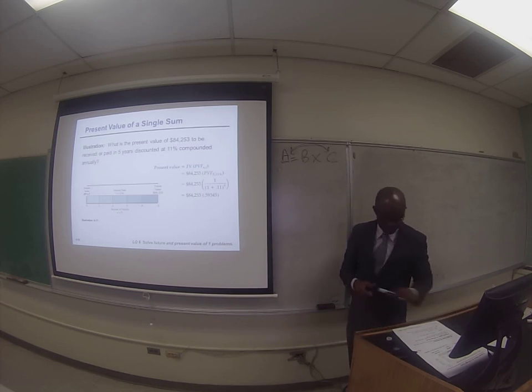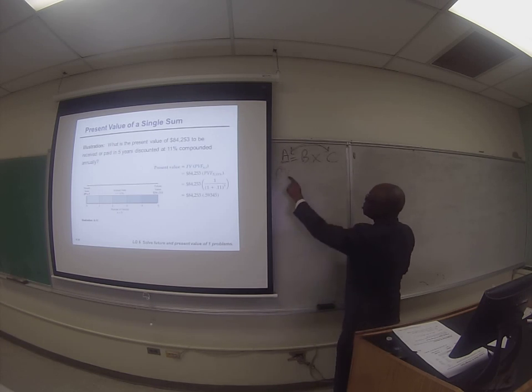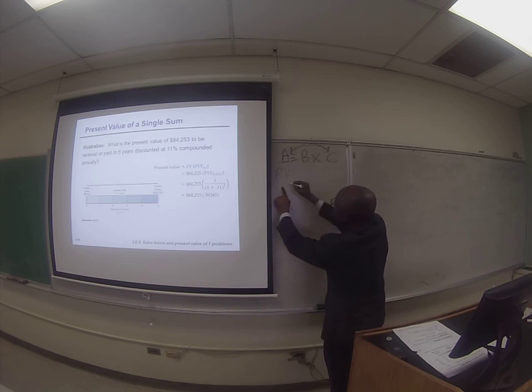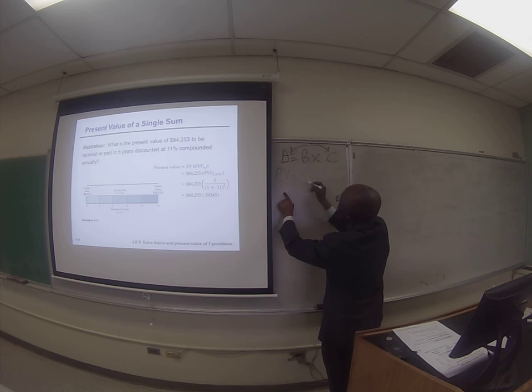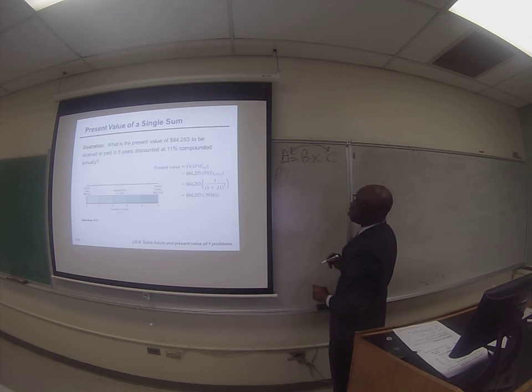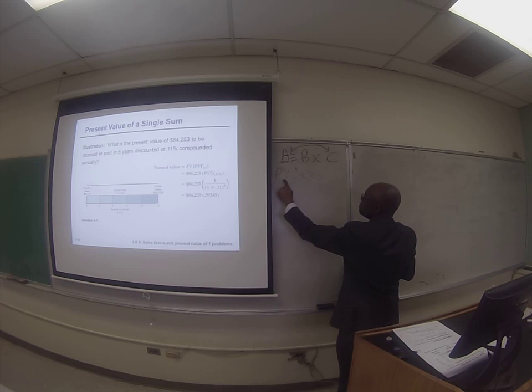Present value. The question is, what is the present value? So if A is present value, it is unknown, then B has to be future value. So which amount are we referring to? 84,253.